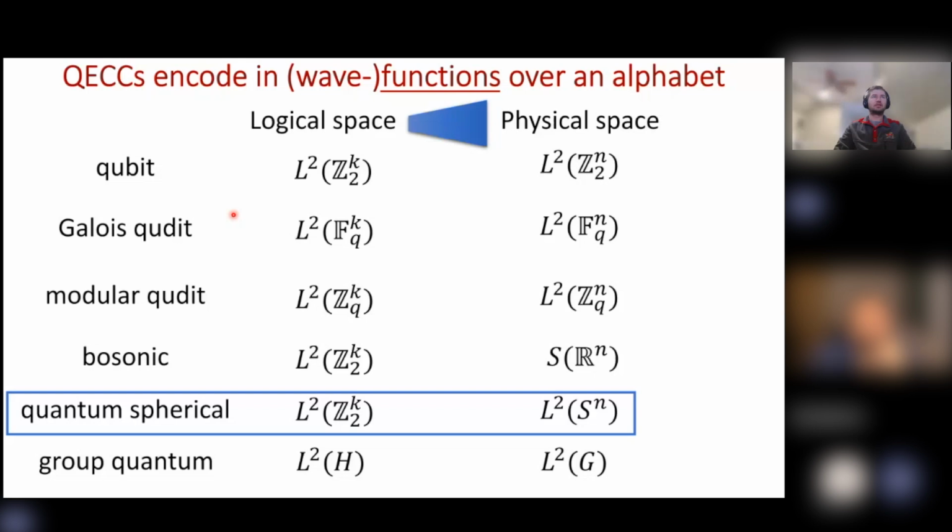Then the reals correspond to continuous variable or bosonic codes. And a particular case, the spheres and the circle, correspond to quantum spherical codes. And then there are more abstract settings which are relevant to, say, condensed matter, where things are a group or even a category. So those are also group-based codes. There are also a few classical group-based codes as well. Okay, so that's the lay of the land here.